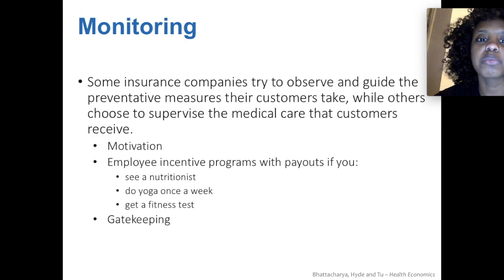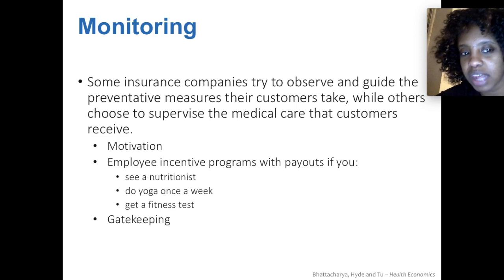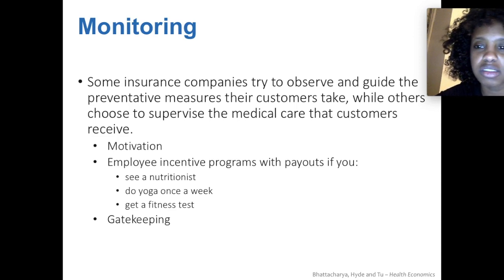The final example of ways that insurance companies try to limit moral hazard is monitoring. They have things like employee incentive programs where if you go see a nutritionist, they'll reduce your bill. Or if you do yoga or get a fitness test, they keep track of those things and might reduce your premiums.